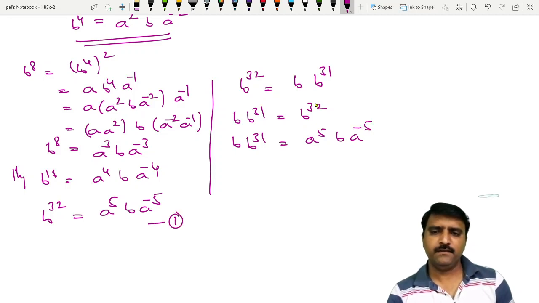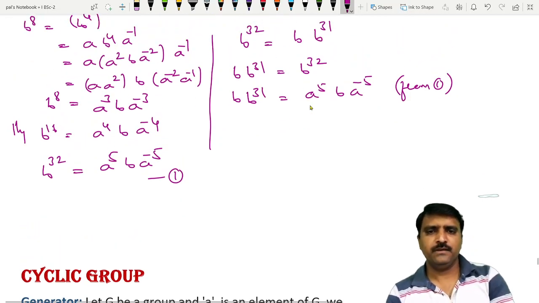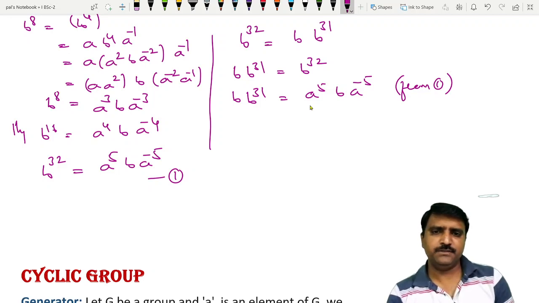Now you take this, b into b to the power of 31 is equal to, so what is a to the power of 5?